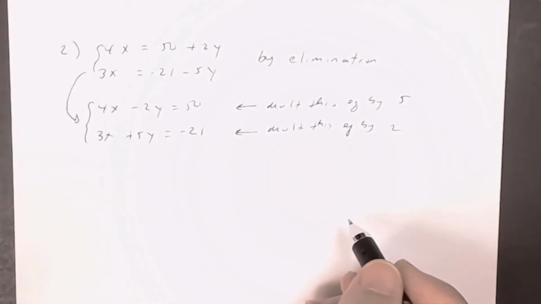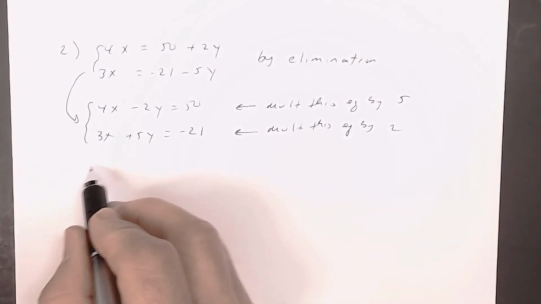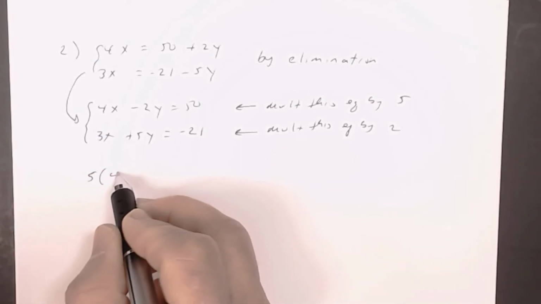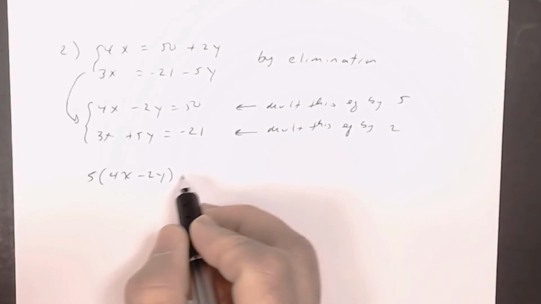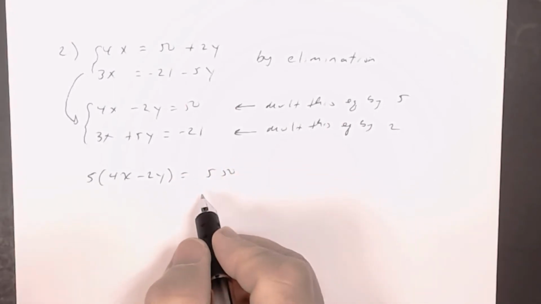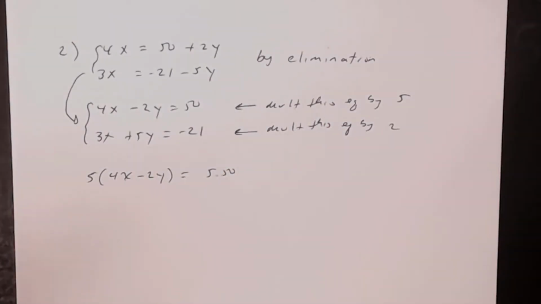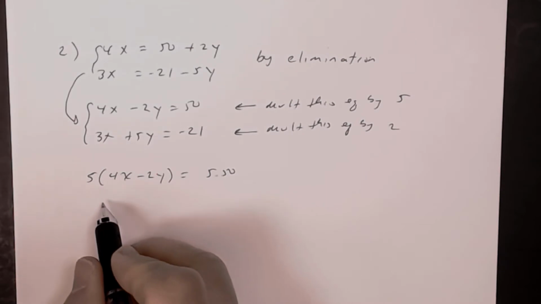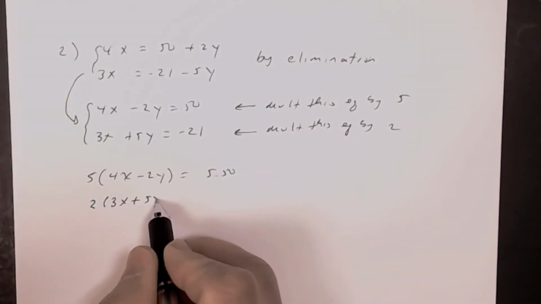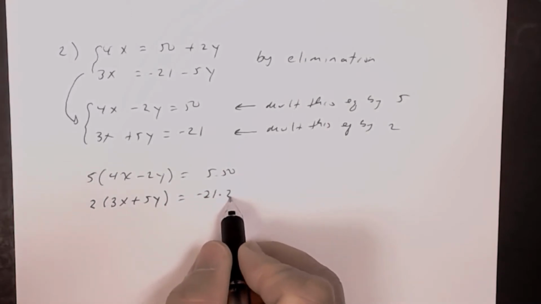And so when I do that, I'm going to get 5 times 4x minus 2y equals 5 times 50. We do what you do to one side, you do to the other. And then the other one, we're going to have 2 times 3x plus 5y is equal to negative 21 times 2.